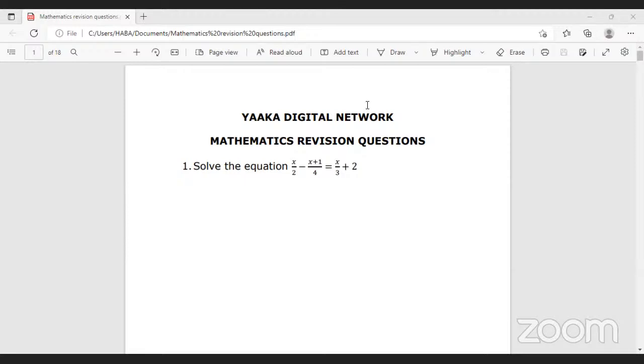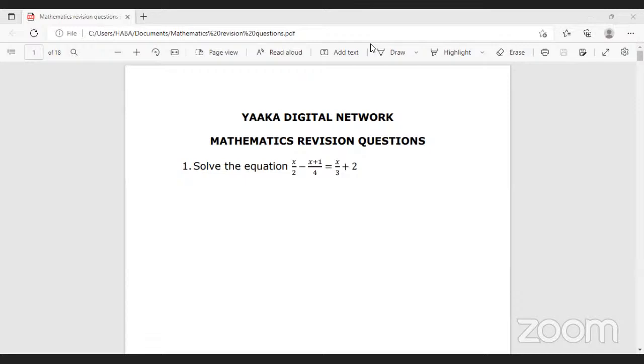Yes, Joyce. Solve the equation x over 2 minus (x plus 1) over 4 equals x over 3 plus 2. Okay, great. So what do you think we have to do to solve that equation?